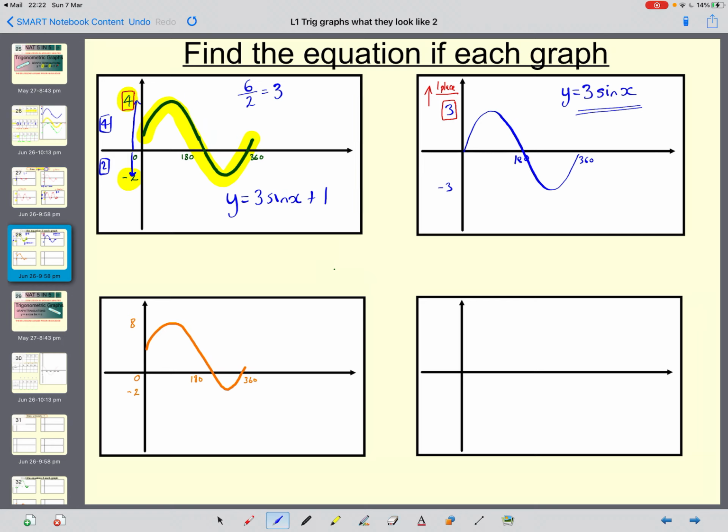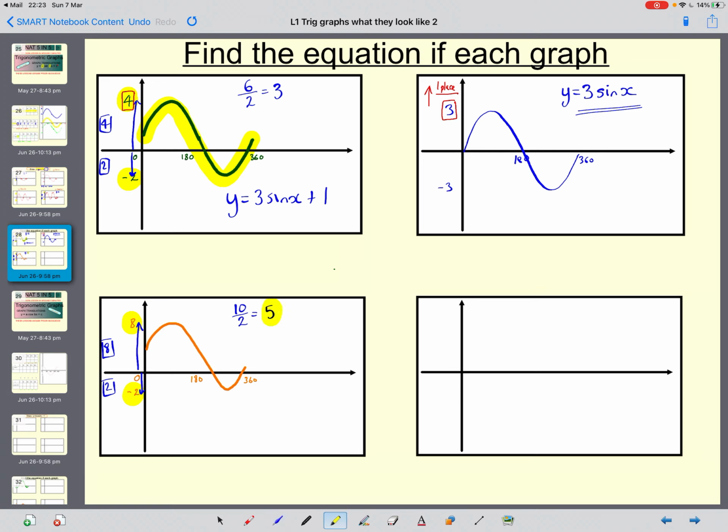Again, let's have a look at the difference. So the maximum value here is 8 and the minimum value is negative 2. So from the 0 up to 8 is obviously 8 places or 8 units, and from 0 down to negative 2, so obviously 2 places or 2 units. So add them together and you get an answer of 10. And if I half that, I get an amplitude of 5.